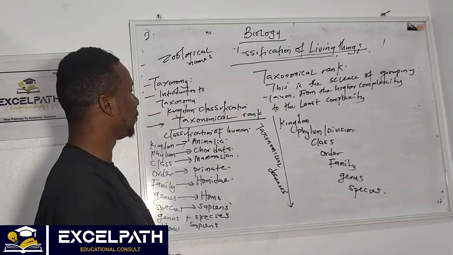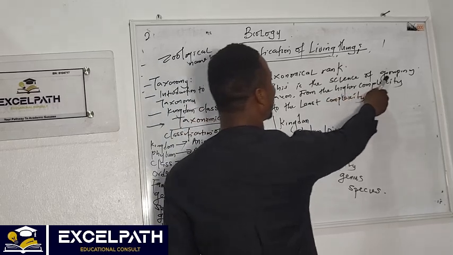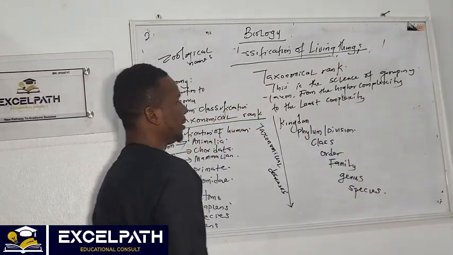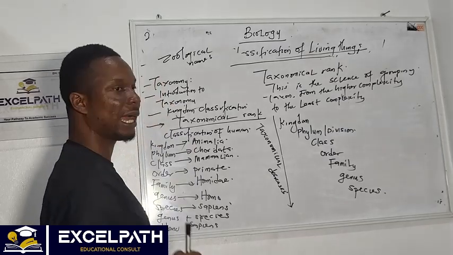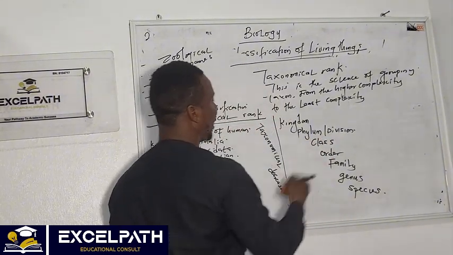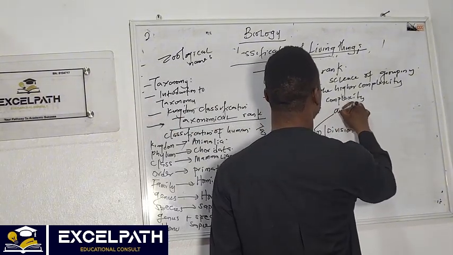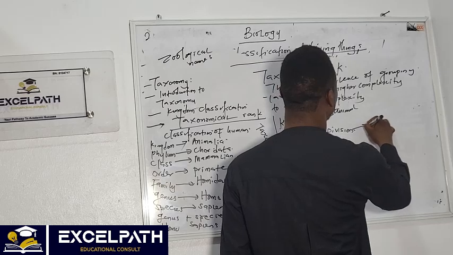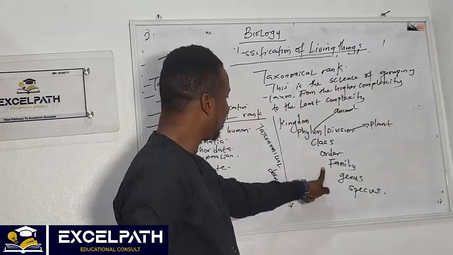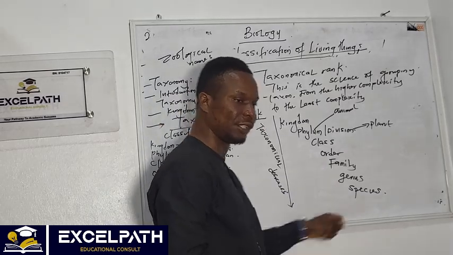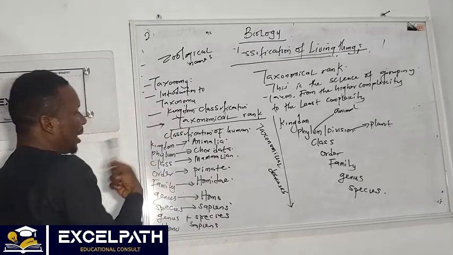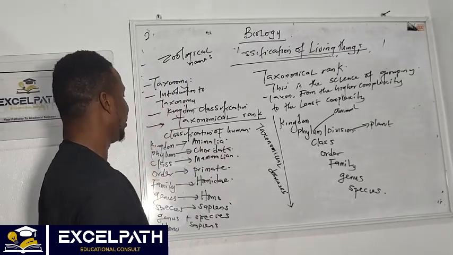Let me repeat myself. The science of classifying or grouping living organisms from the higher complexity to the least complexity is called taxonomical hierarchy. The kingdom is the largest. Phylum in animals, division in plants. Class, followed by order, family, genus, and species. Human beings are classified as animals.